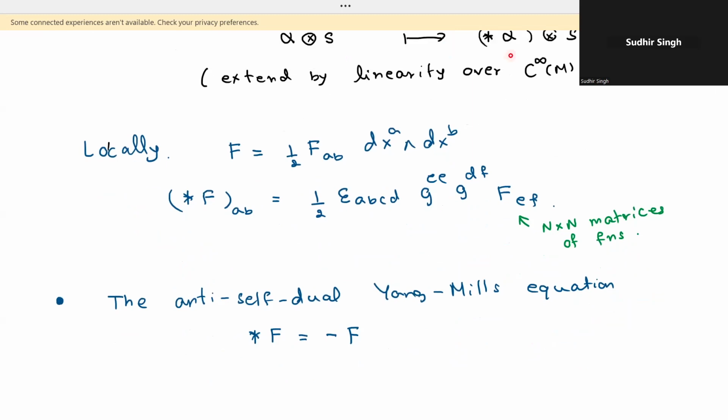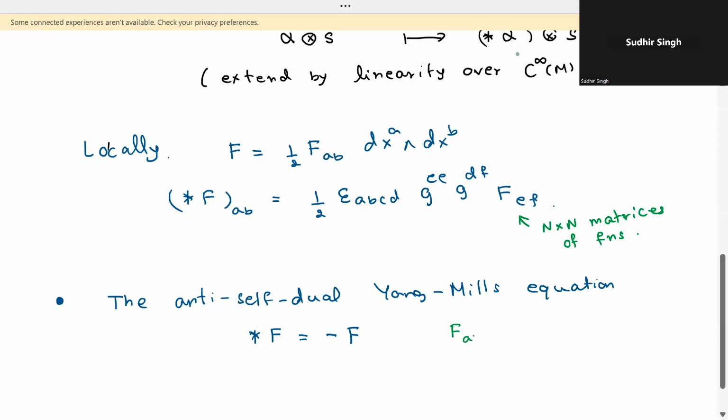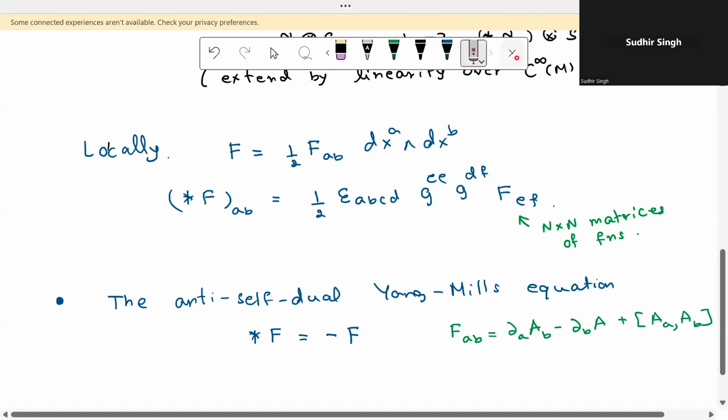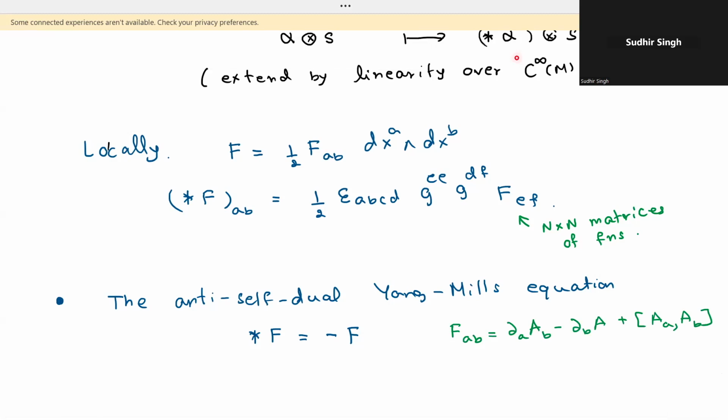That's all. But when we write this equation down in terms of components, because the components of the curvature can be written in terms of the components of the connection one form, you remember, I think we had this before, then this equation will be a system of equations for the components of the connection one form, this A here.